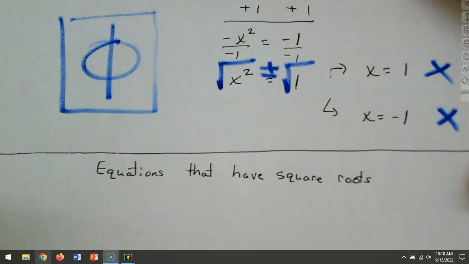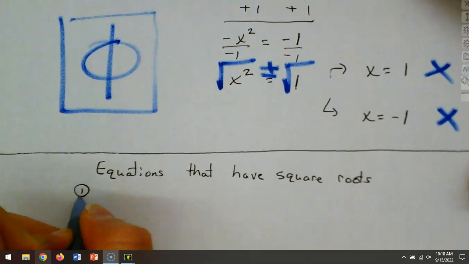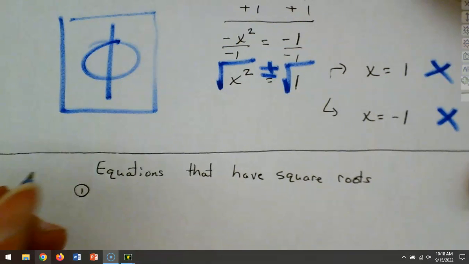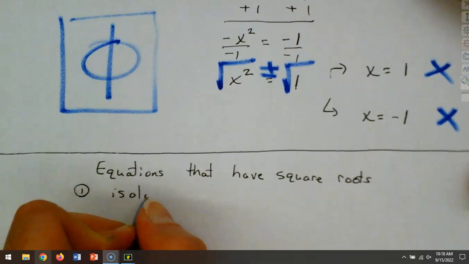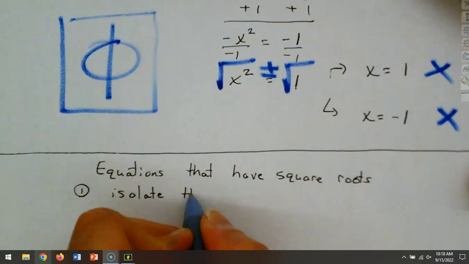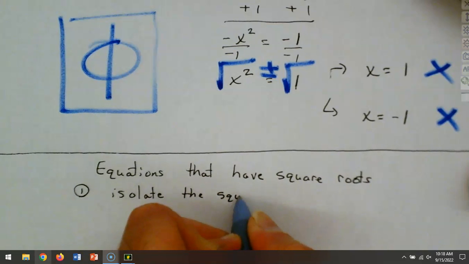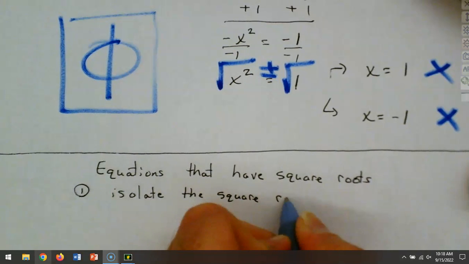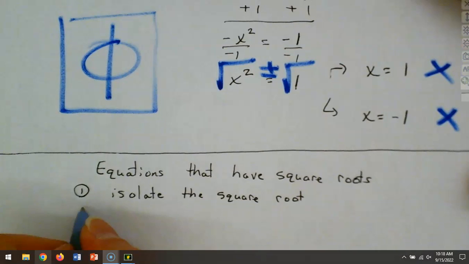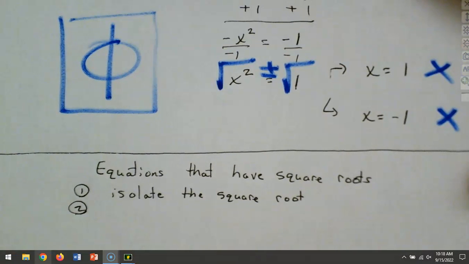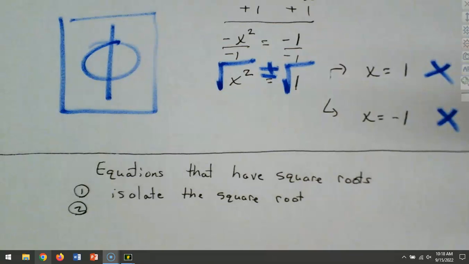Okay. For equations that involve square roots, step number 1 is you want to isolate the square root. Step number 2 is how do we get rid of a square root? Let's think about how we got rid of a square. We took a square root, right?